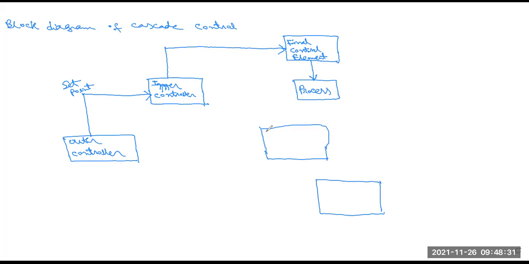So this is the inner variable measurement. This is the output or outer variable measurement. This process or plant is connected to the outer variable measurement block and also the inner variable measurement block.